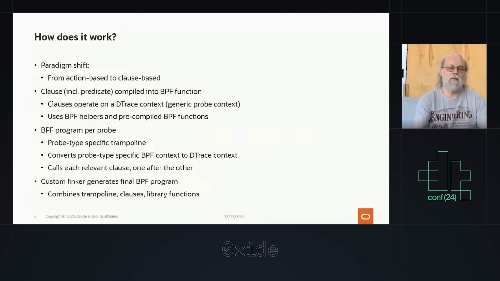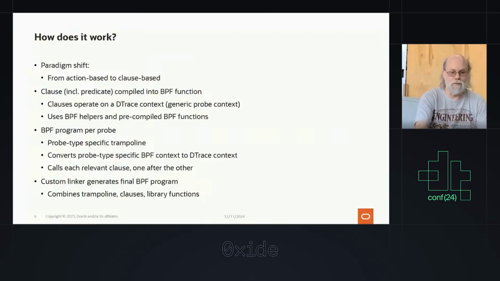In order to do that, we had to come up with a generic probe context, which dtrace already had. BPF does not. By doing this, a single clause can be connected to a variety of different probes that may use different mechanisms in the kernel to be triggered, but the clause can still be compiled one time and just linked into the correct program.